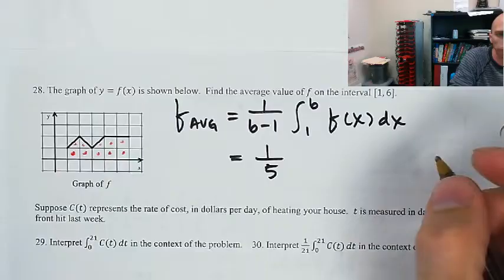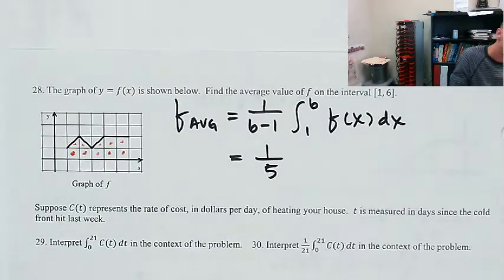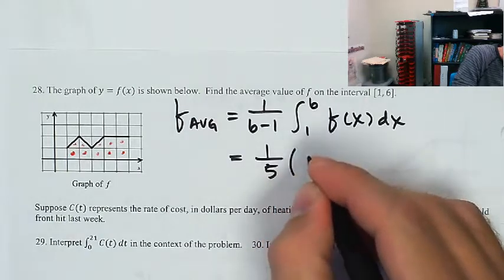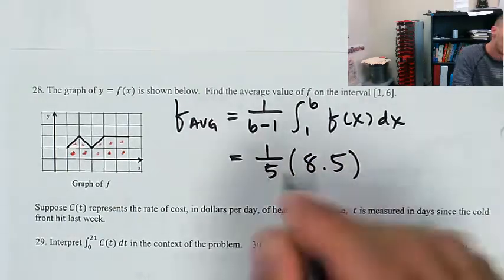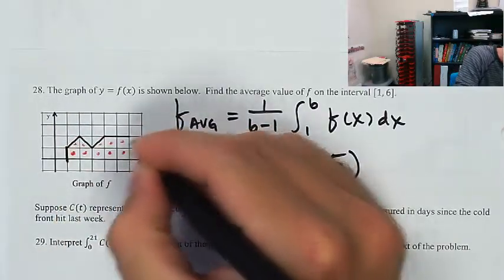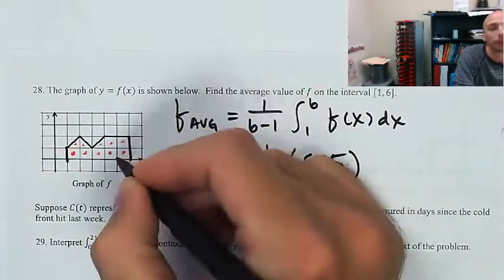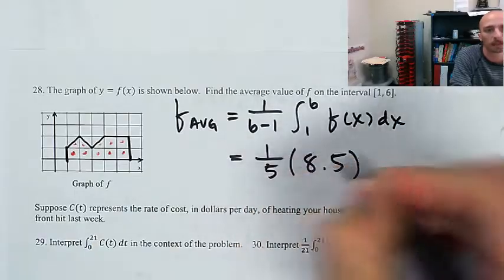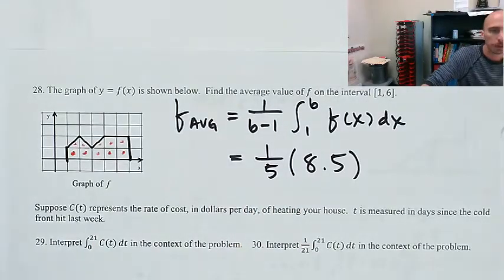It's occasionally some square counting in this class, and that's what we're going to do. That area represents the integral. Divide by 5 to find the average value, and that's it.